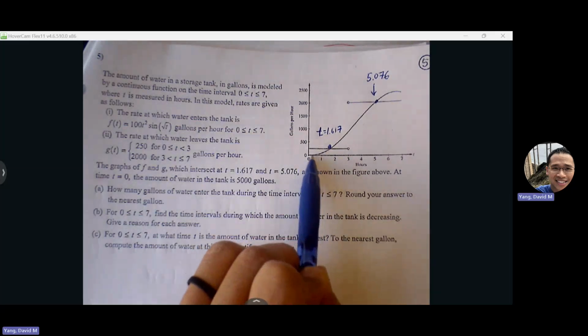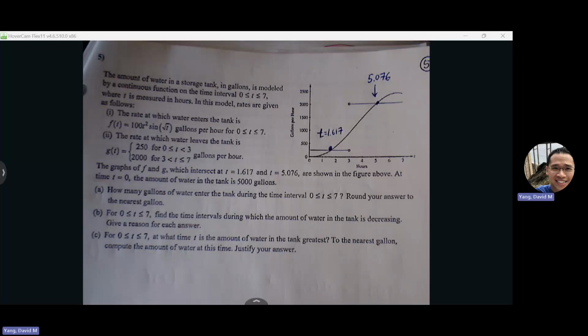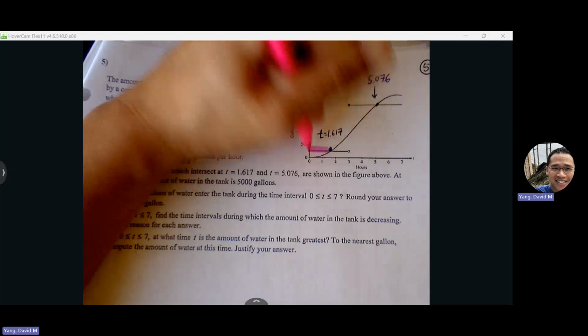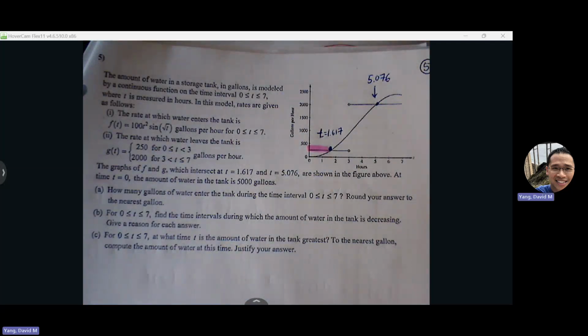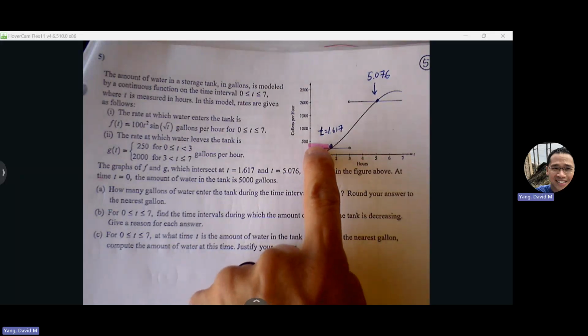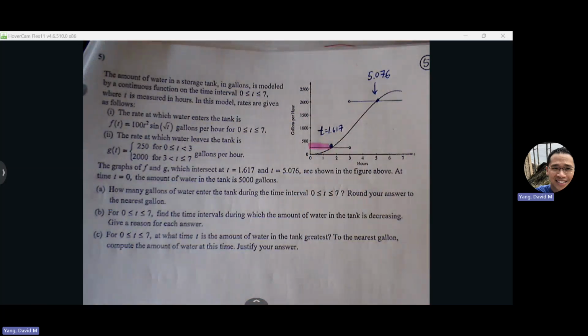So therefore, what's happening to the water level here? It's decreasing. I'm going to use pink to highlight that the water level is dropping, because the rate leaving is higher than the rate entering.